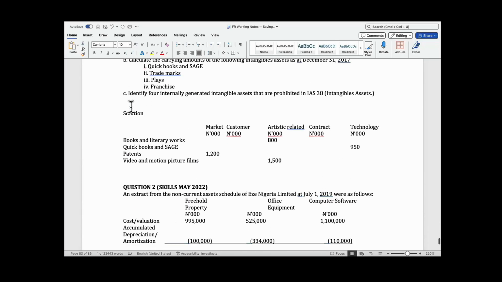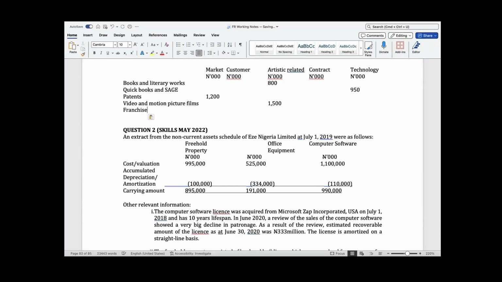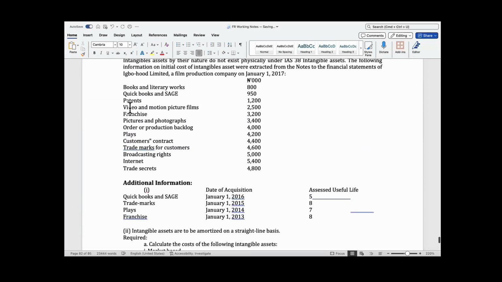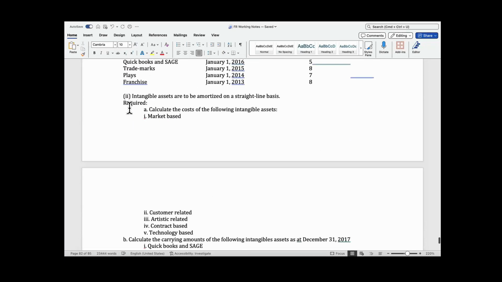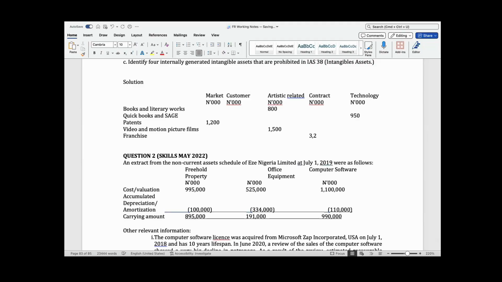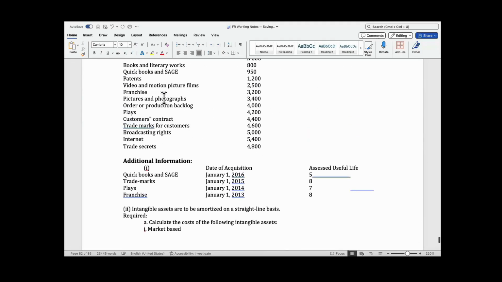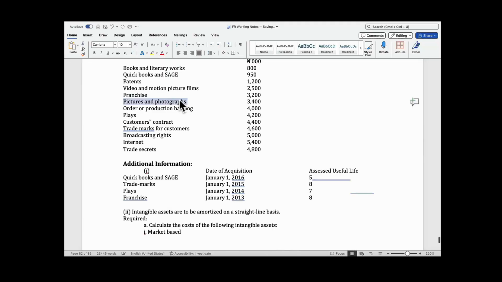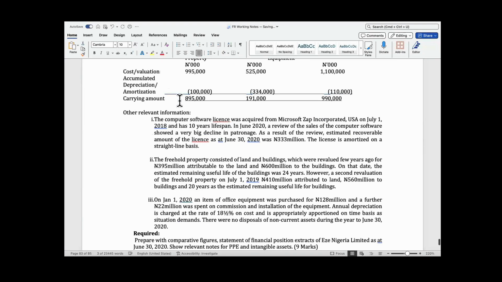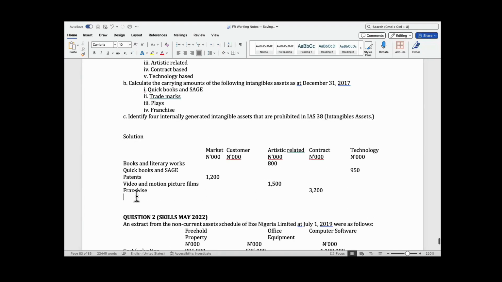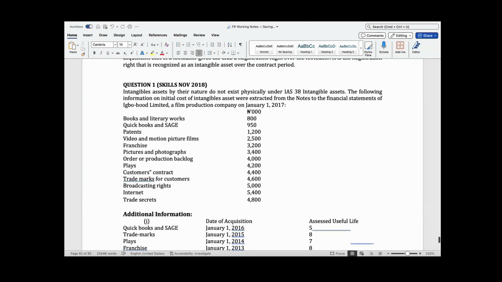Contract, more of contracts. How much is that? 3,002. What about pictures and photographs? That's technology. Artistic, yeah, it's artistic. And how much is it? 3-4.